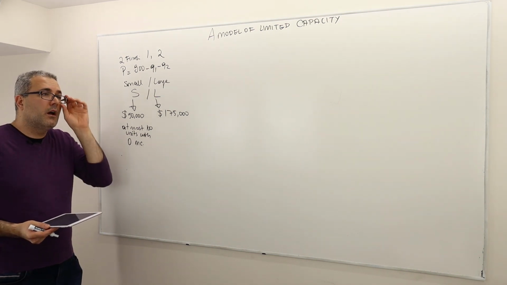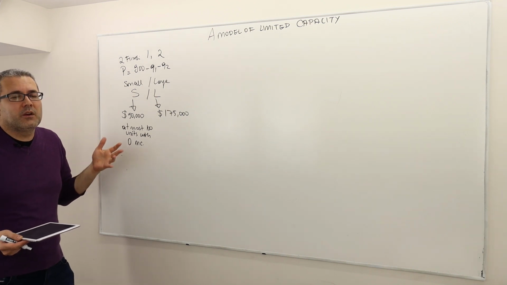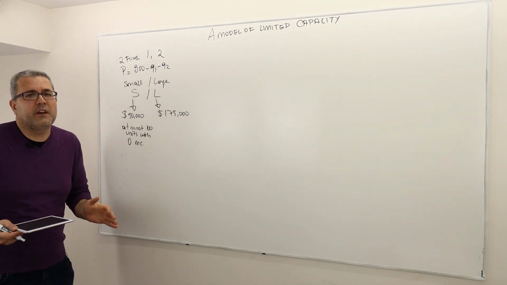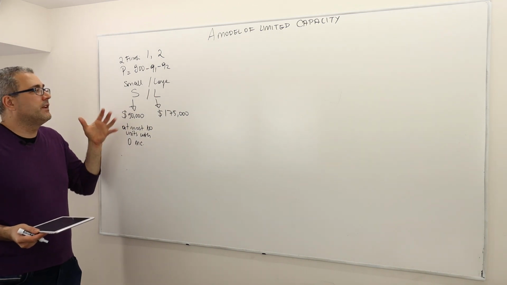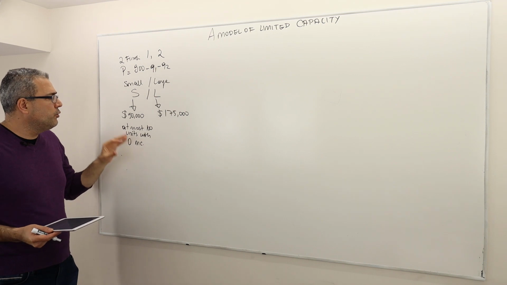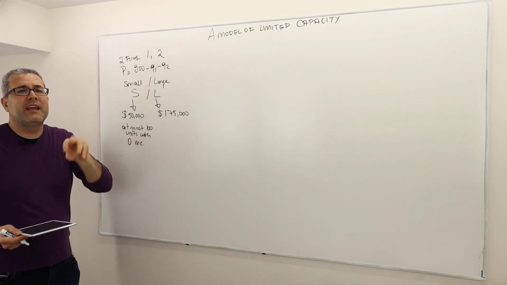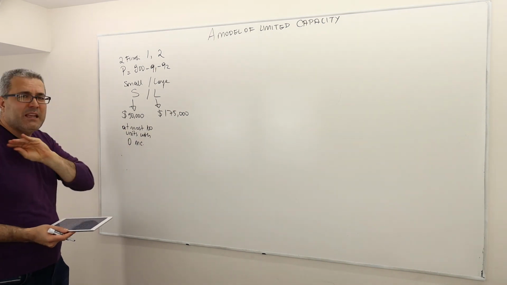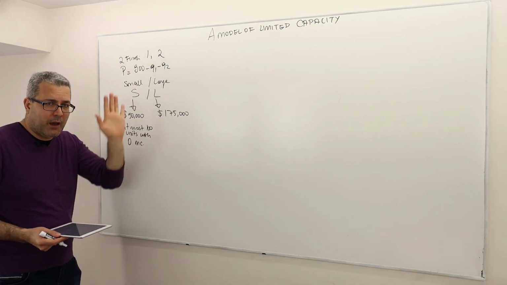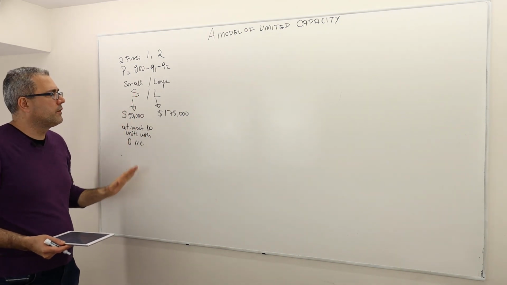Think of this as a small factory with, say, a monthly output. So you cannot produce more than 100 units. Below 100, you can produce as much as you like with no cost.